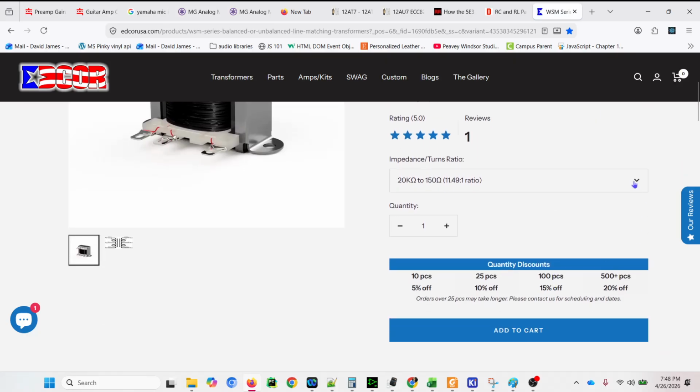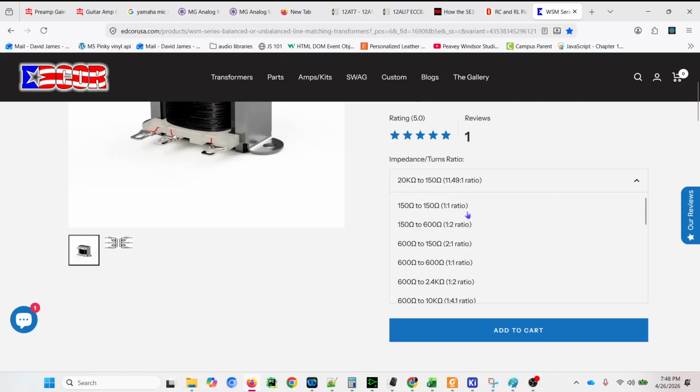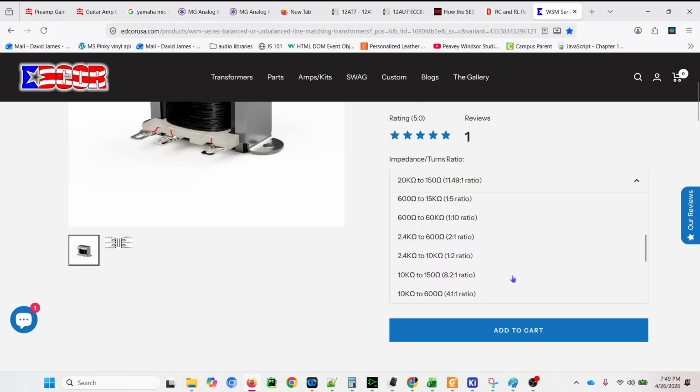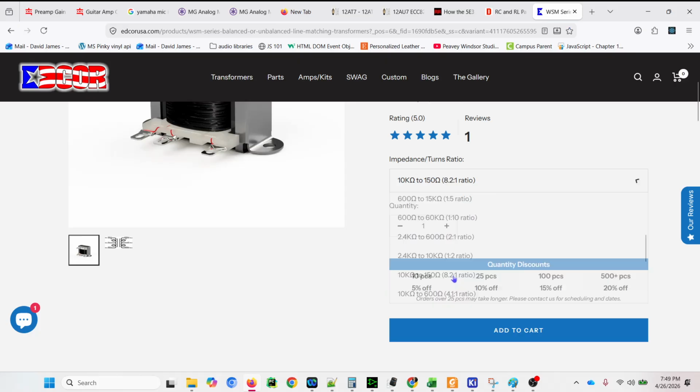They will list their transformers in terms of winding ratios. I'll give you the math that will tell you how to calculate what your impedance is going to be once you run through one of these transformers. For instance, this transformer has an 8.2 to 1 winding ratio, which means if you have an output impedance that is 10K, it's going to cut that output impedance down to 150 ohms, which is awesome.